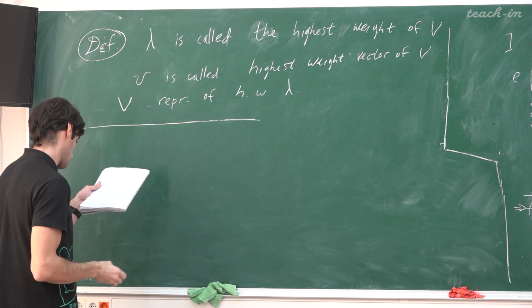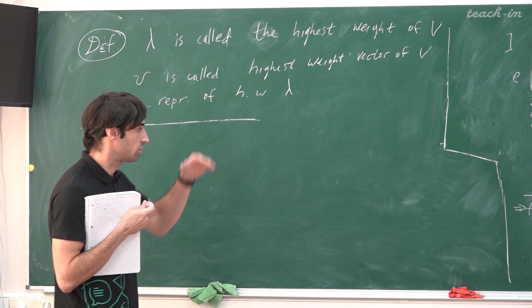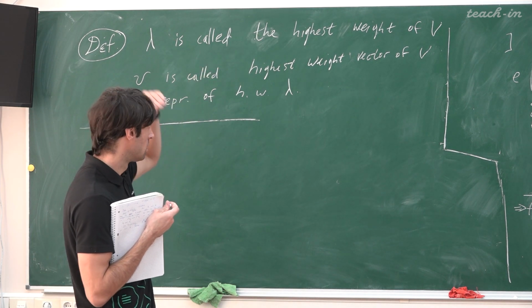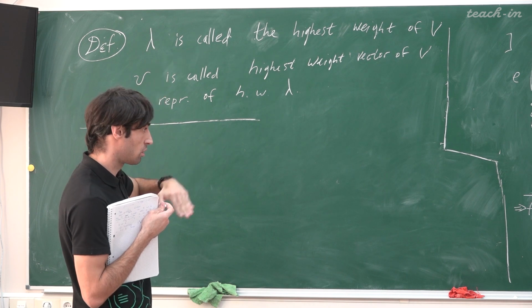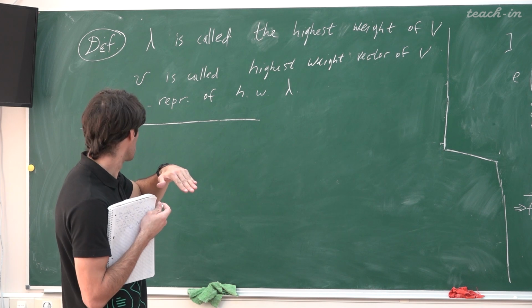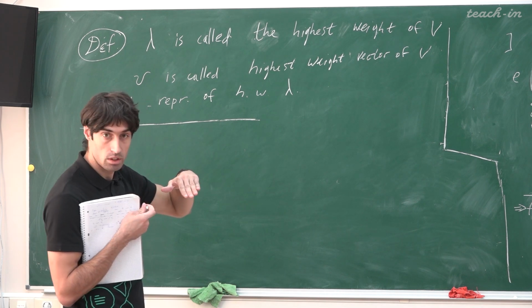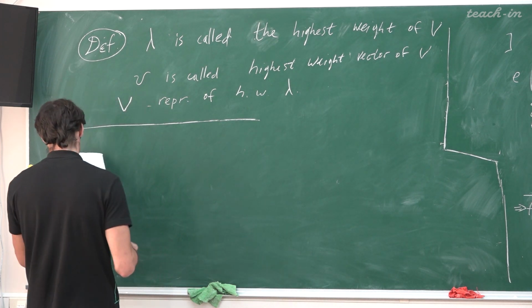One more observation before we finish is that if I have two isomorphic irreducible representations, then of course the highest weight corresponding to these two is the same. Let us fix this on board.